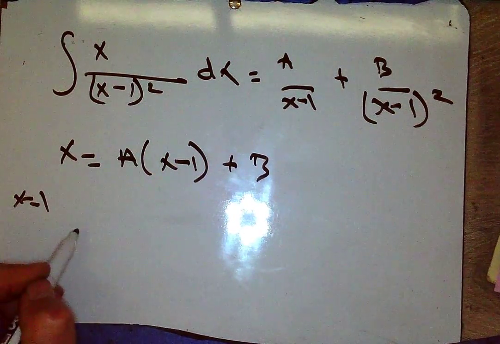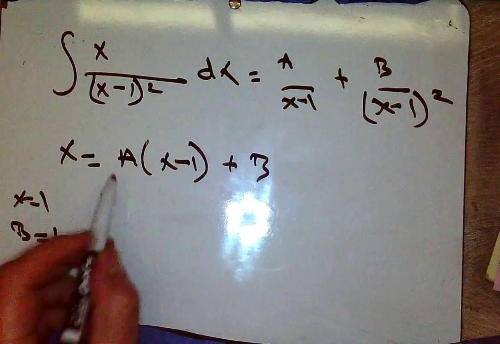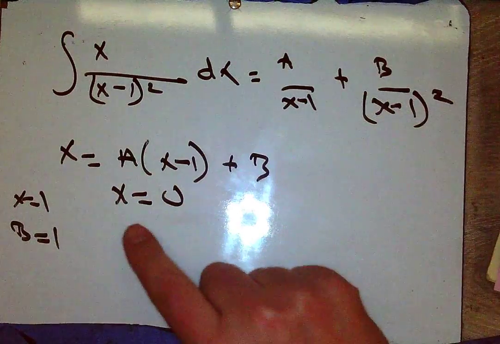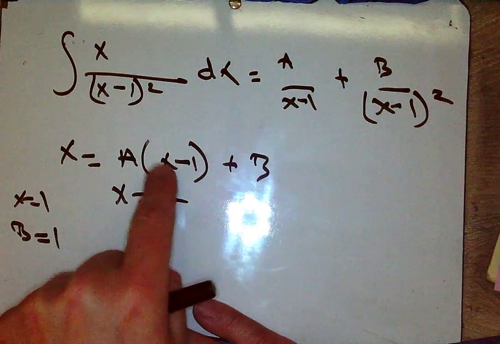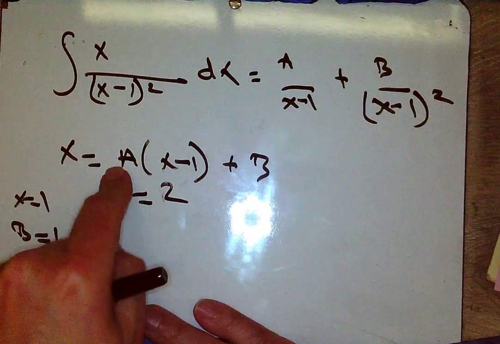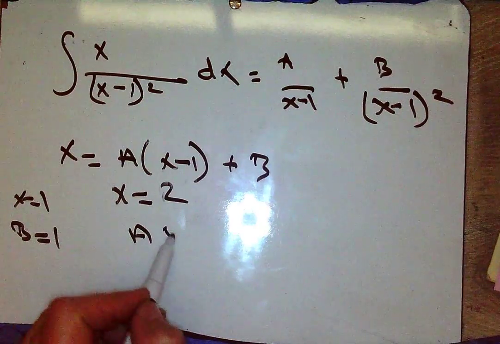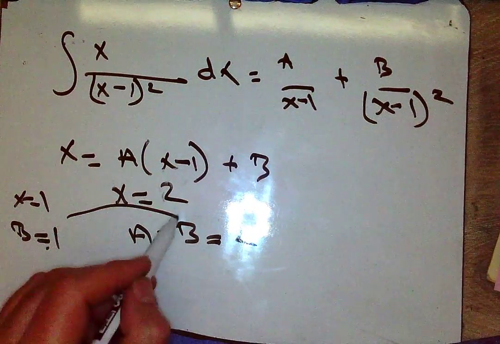If I make x equal to 1, this goes away, and b equals 1. If I plug in, let's do 2. If I plug a 2 in here, 2 minus 1 is 1, 1 times a is a, plus b equals 2. And my b value is 1.